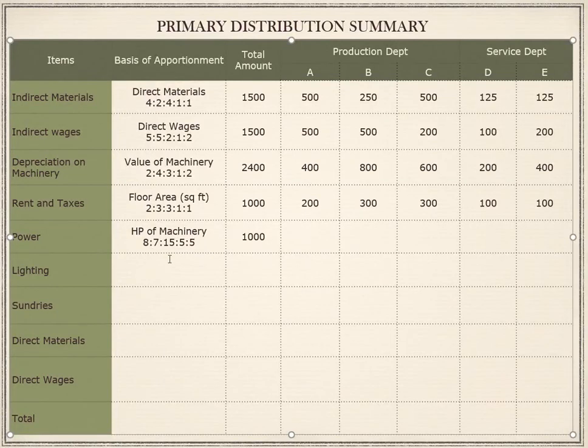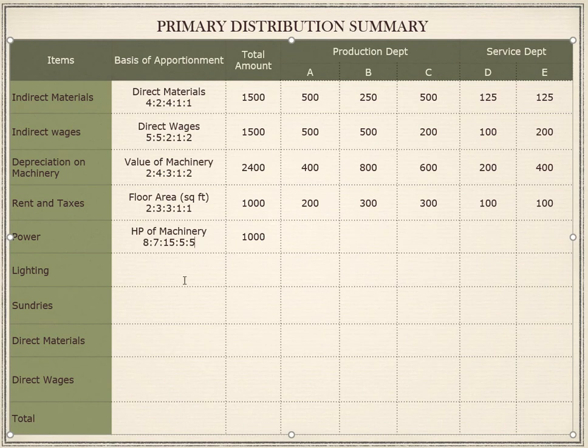If we add all this, how much are we going to get? 8 plus 7 is 15, 15 plus 15 is 30, 30 plus 5 is 35, 35 plus 5 is 40. So 1000 divided by 40, we will get 25.